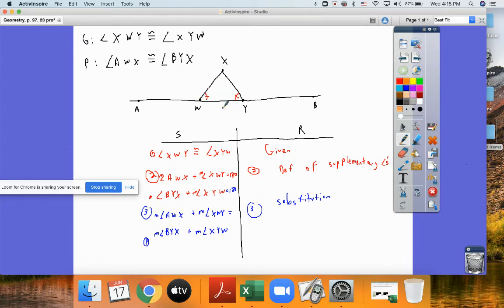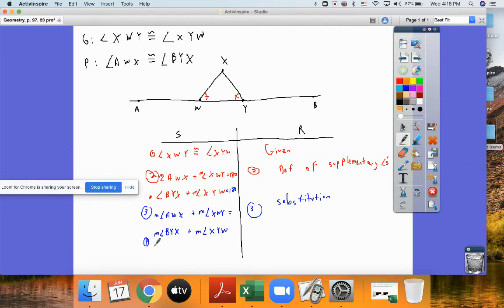So I have XWY. Wait a minute. I got the wrong one. I know that XWY is up here. So XWY and XYW are congruent. So I can replace one of these so they'll be the same angle because they're the same.